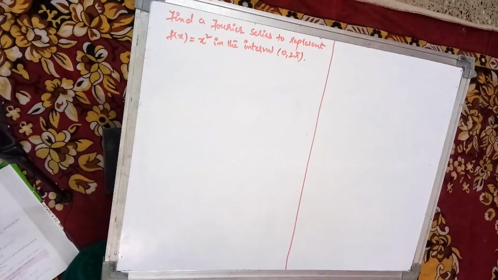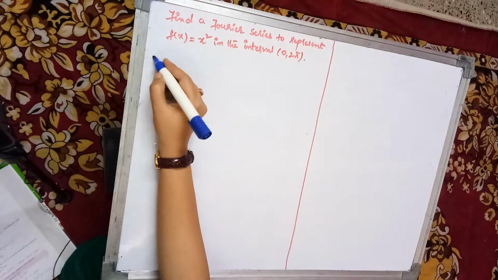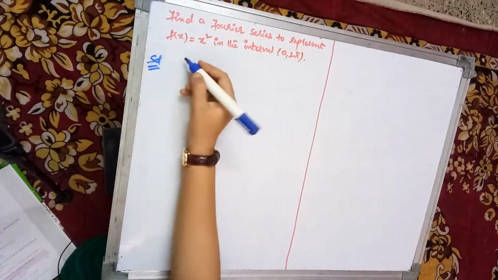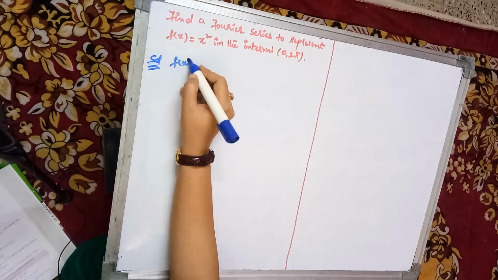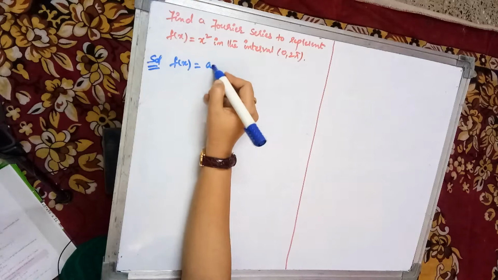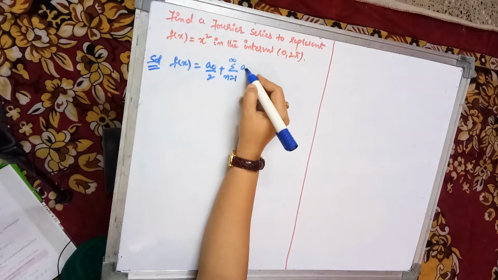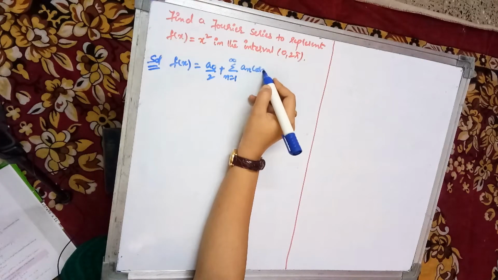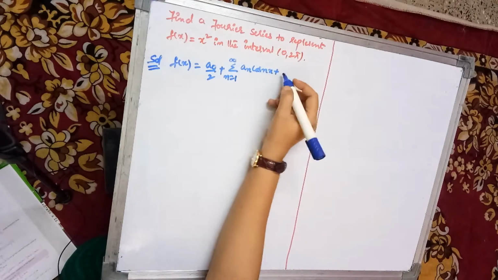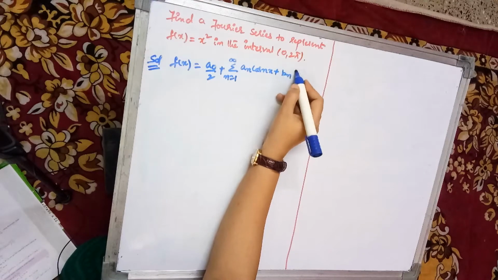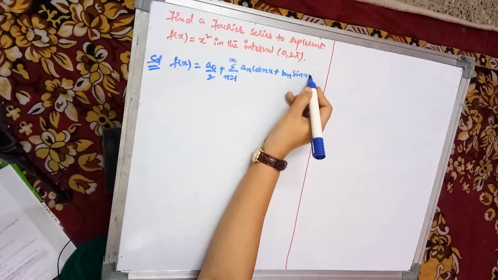First we will write the Fourier series formula. f of x is equal to a0 by 2 plus summation n is equal to 1 to infinity of an cos nx plus bn sin nx.